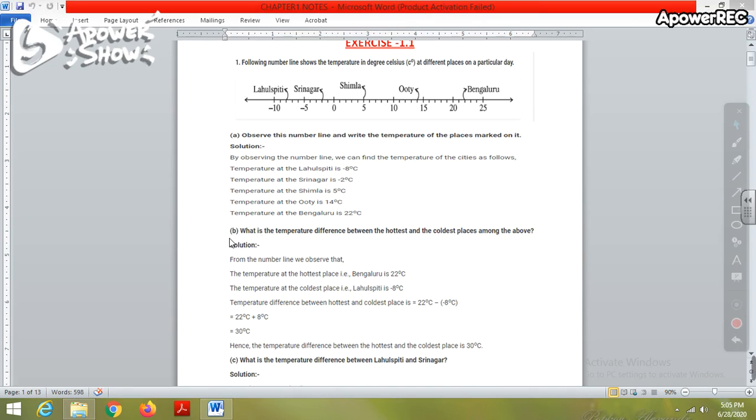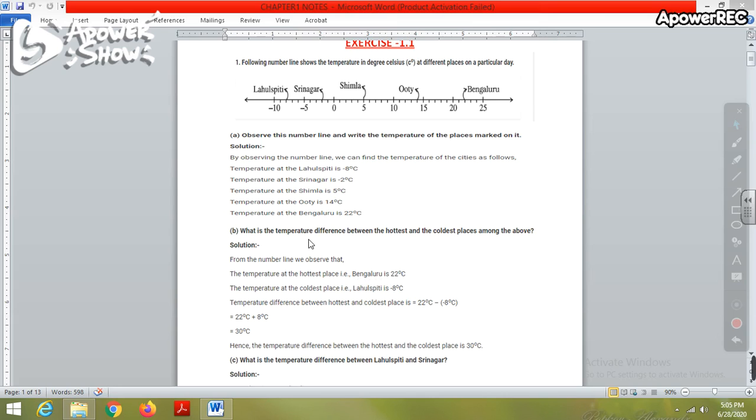In part B you have to find the temperature difference between the hottest and the coldest places among the above. The hottest place is the place having maximum temperature, and here Bangalore has the maximum temperature. So the temperature of the hottest place is 22 degrees Celsius, which is the temperature of Bangalore.